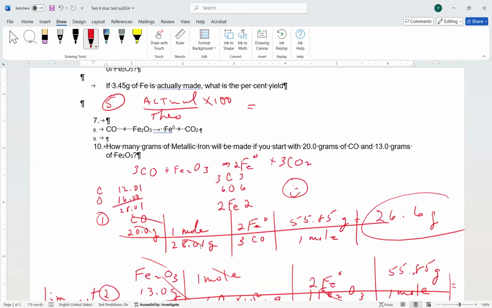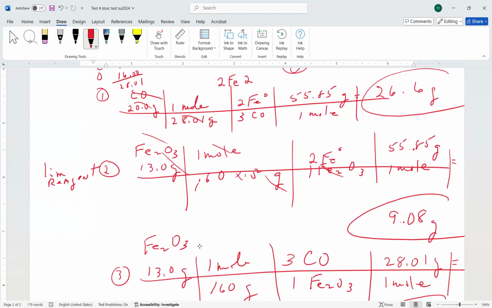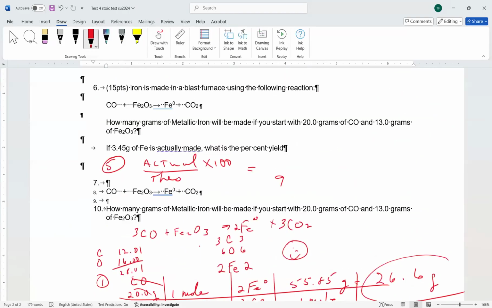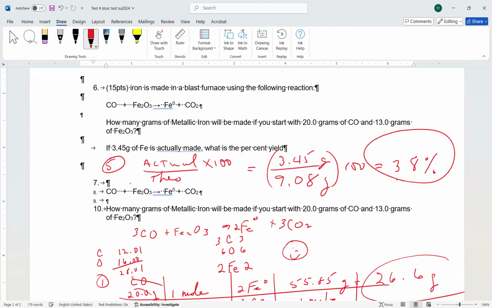And the theoretical is 9.08. Actual is 3.45. So percent yield is 38.